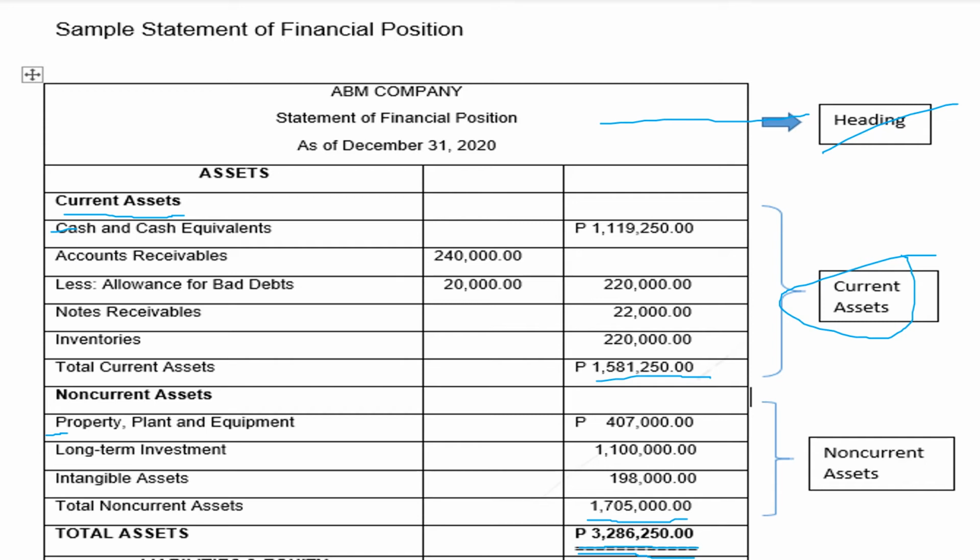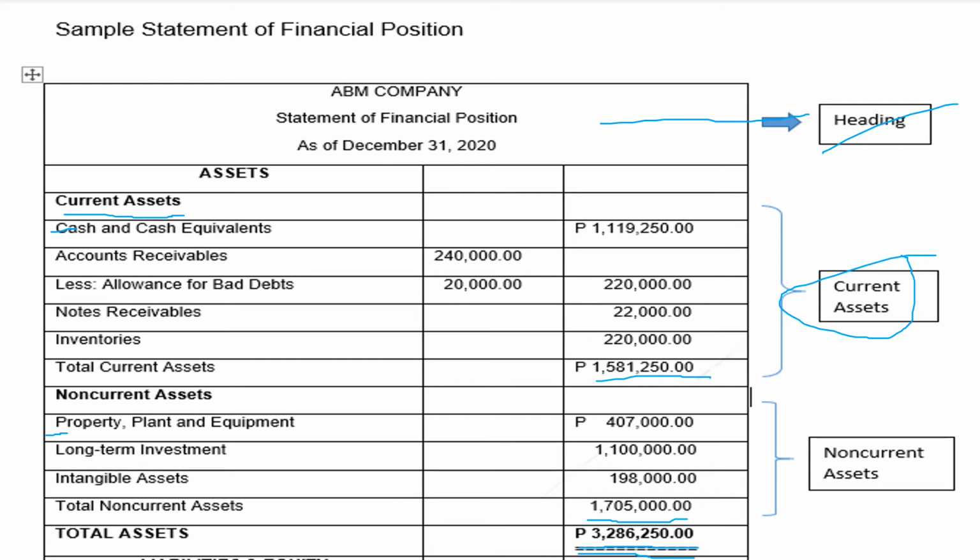Isa to sa elemento or elements of the statement of financial position: the current assets and the non-current assets. So if you can see, the major element of the financial position here is the assets. But we will not ignore the heading, because a statement of financial position must have a heading in order to identify kaninong company yan at kung kailan yung statement of financial position na yan.